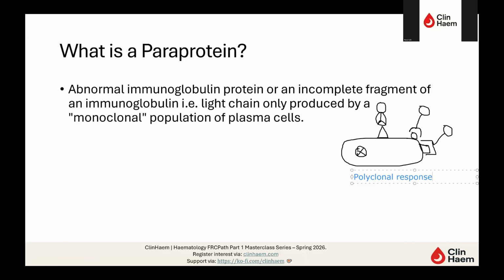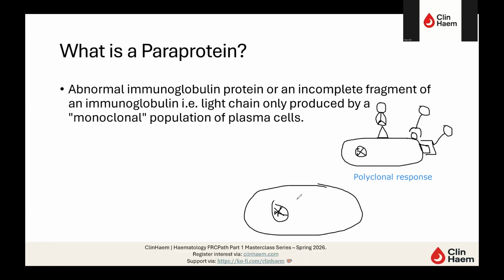That's perfectly normal. So polyclonal or reactive response, as opposed to a monoclonal response. So what would happen is that now there is a plasma cell, this is a plasma cell, not a bacteria. But of course, all these B cells will react with the antigen and then they will become plasma cells and produce the immunoglobulin.